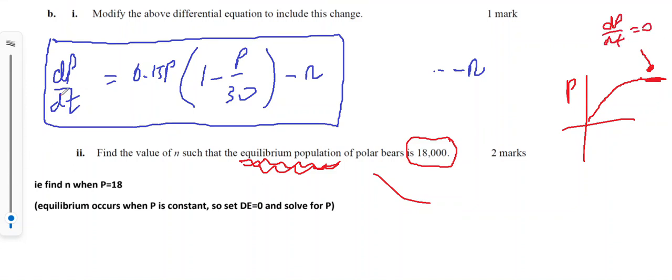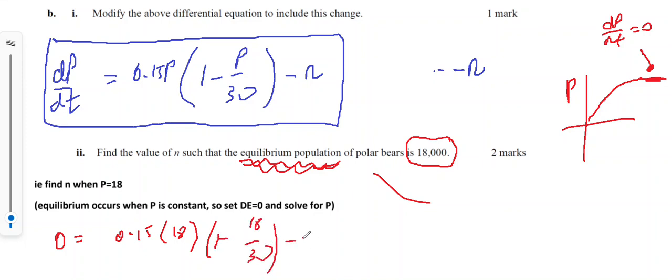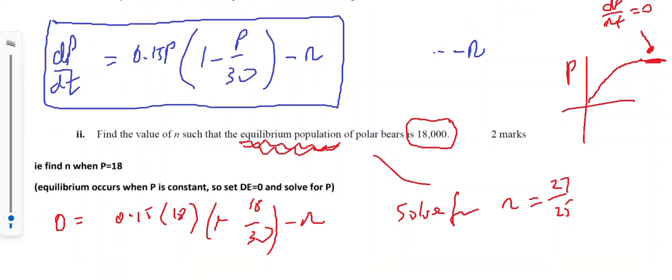So I'm going to make this equal to 0, equals 0.15 times 18, times (1 - 18/30), minus n, solve for n. And on a calculator, n equals 27/25.